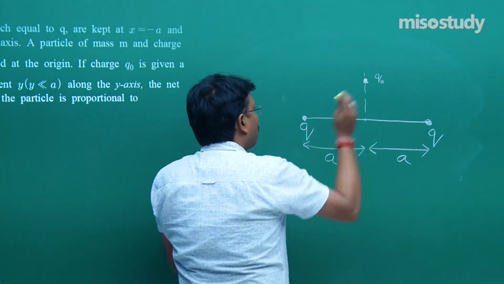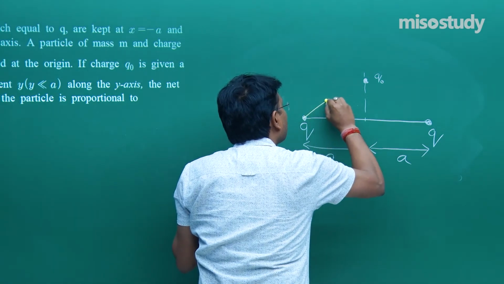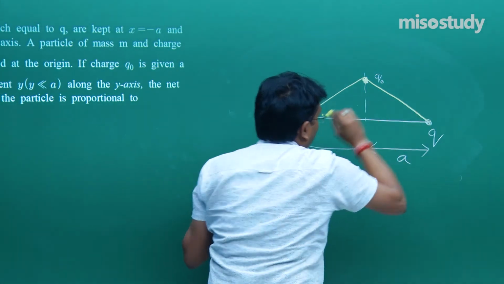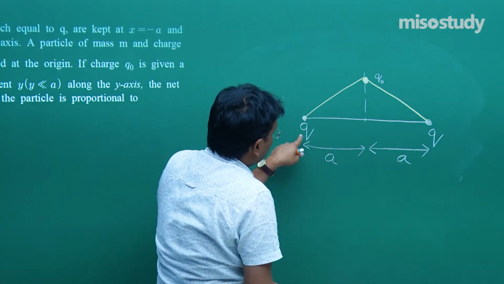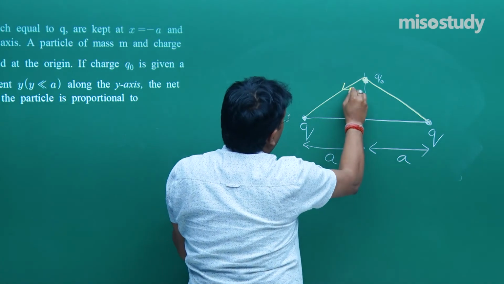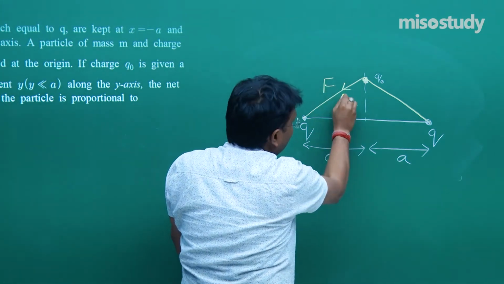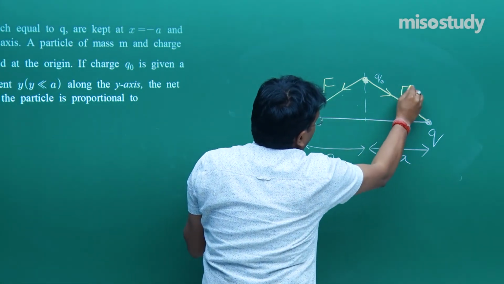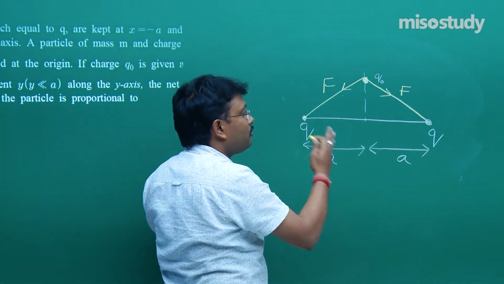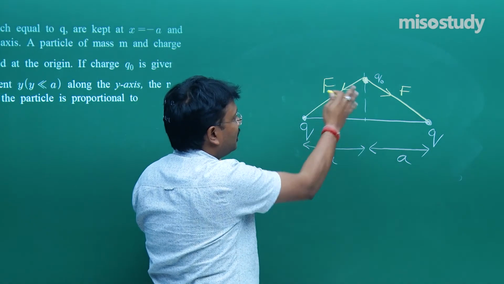So let's try to find the direction of the force. This way. Because the charges are similar and the distance is similar, the force is going to be, let's say, F and F. This much time I am devoting to give you each and every aspect with clarity.